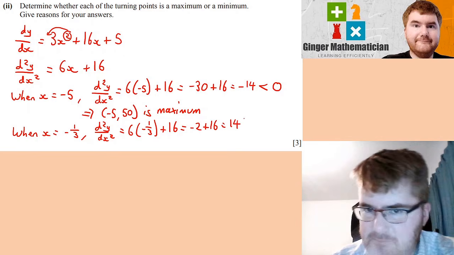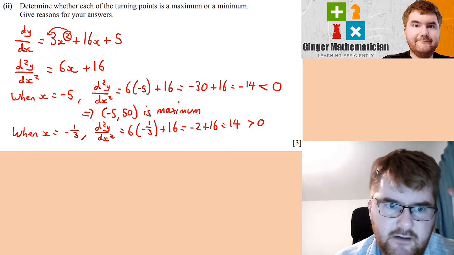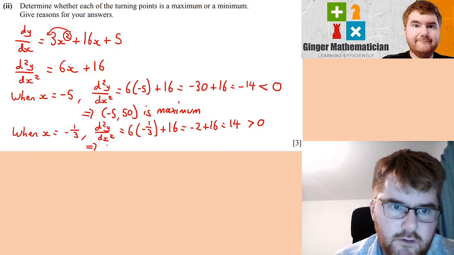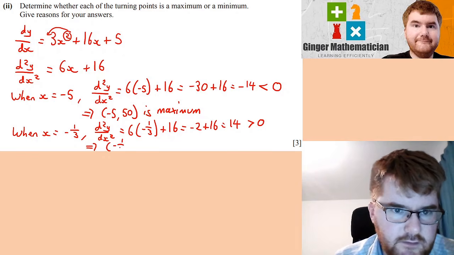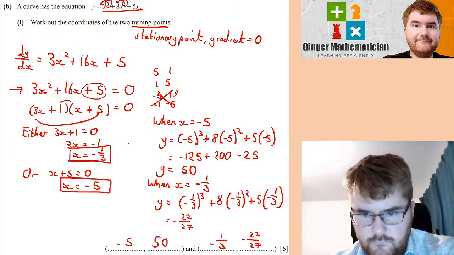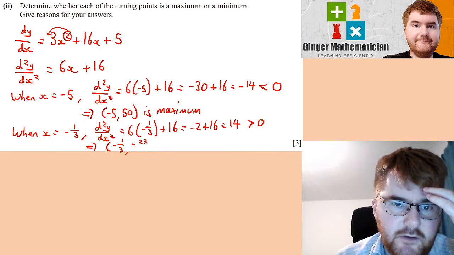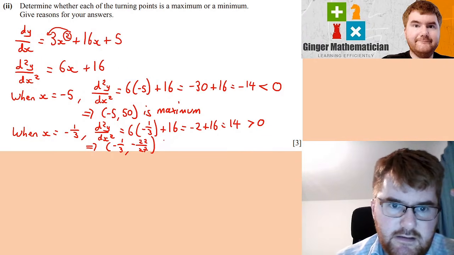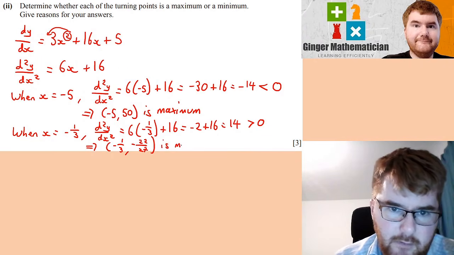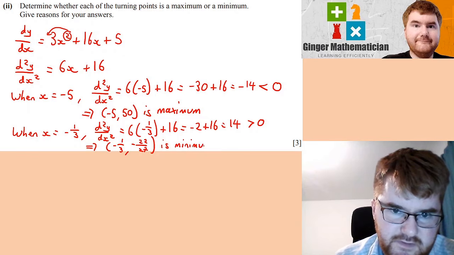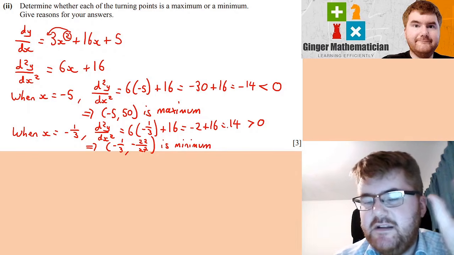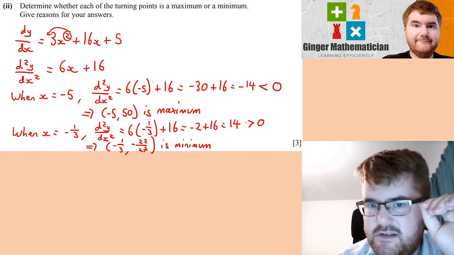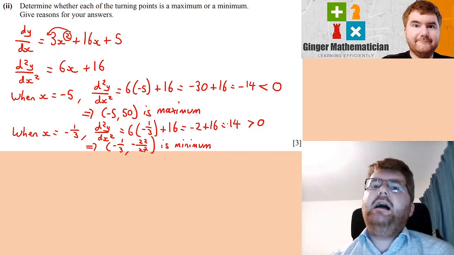But the key thing, it doesn't matter what this number is, it's greater than 0, and therefore minus a third, minus 22 over 27, is a minimum. Because when putting the x-coordinate into d2y over dx squared, you get a positive number out.